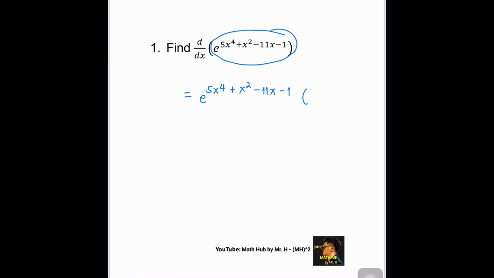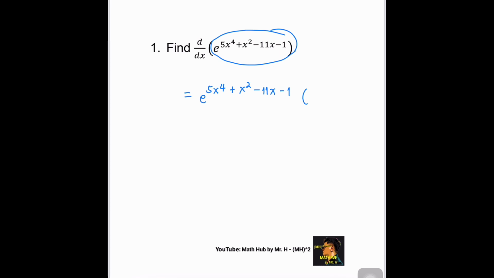Okay, if you've watched the first part of this video about derivatives, you can see from here that to find the derivative of this exponent, it's a combination of the sum rule, the difference rule, and we will also be applying the power rule, in which we will be getting the derivative of every term.